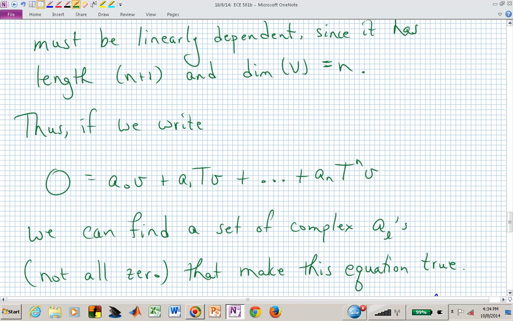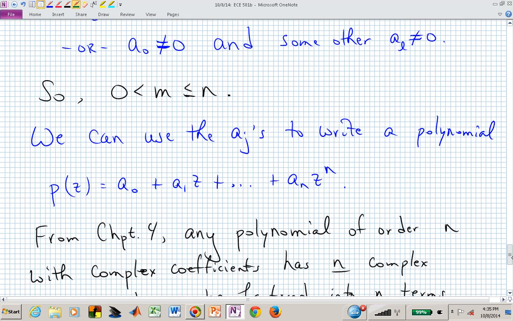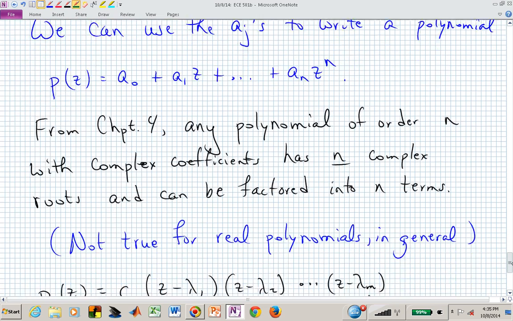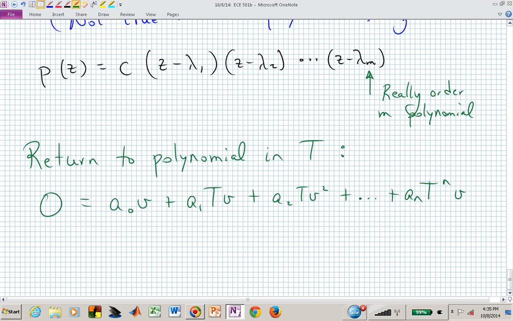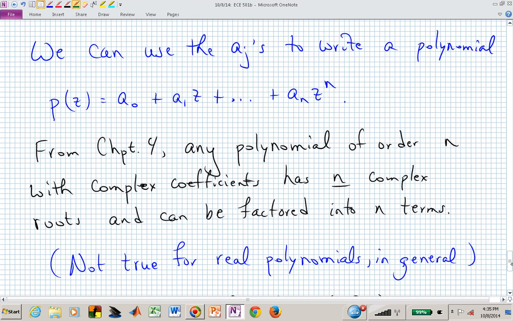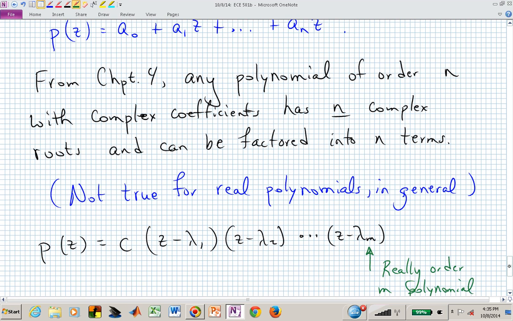Now that we've found a polynomial in z based on these same coefficients, we've created this polynomial. We factored that by the realization from chapter 4 that an nth order polynomial has n complex roots.